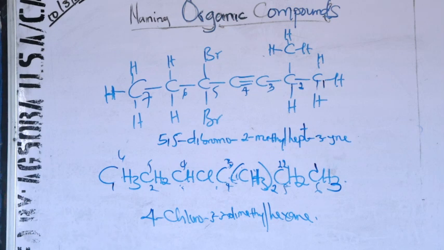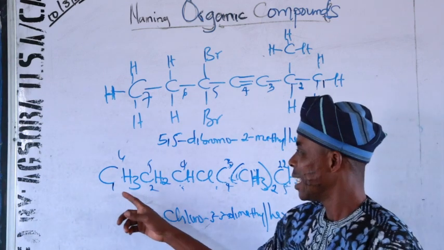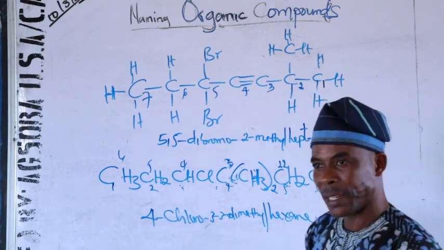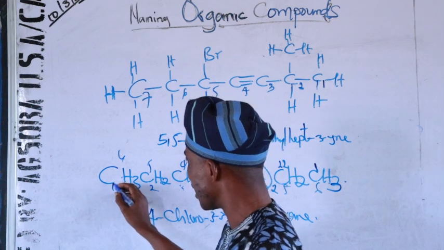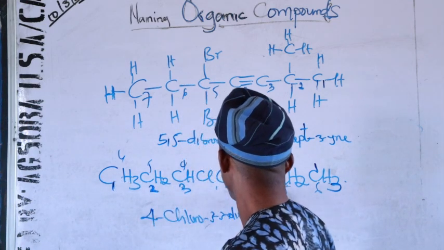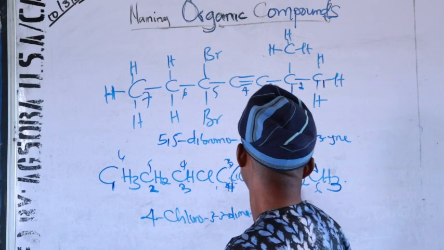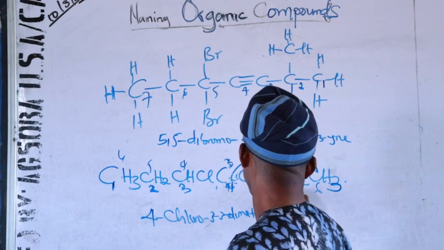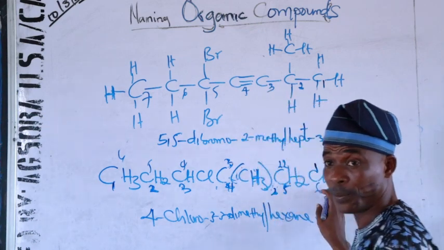Do you understand what I'm explaining here? Or you don't understand? What I'm saying is this. Look at the way I've numbered it. If I start numbering here, carbon number 1, 2, 3, 4, 5, this is 6 carbon atoms.